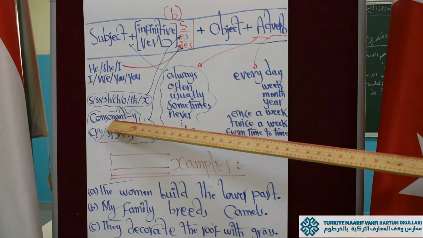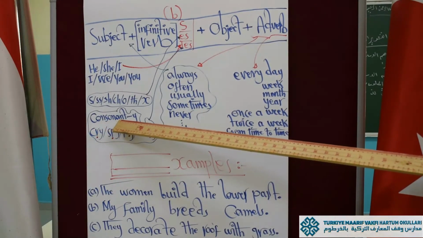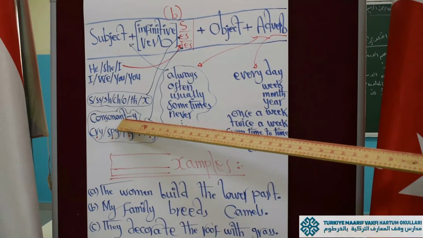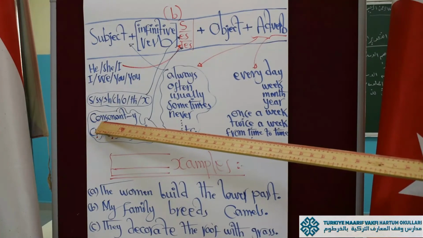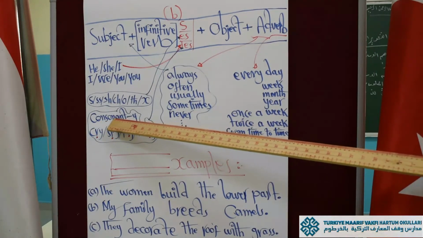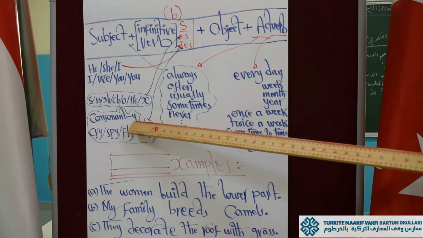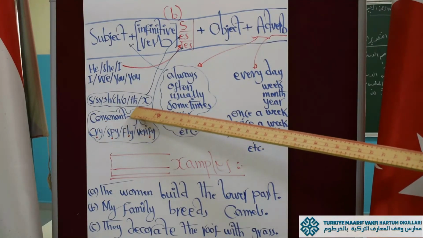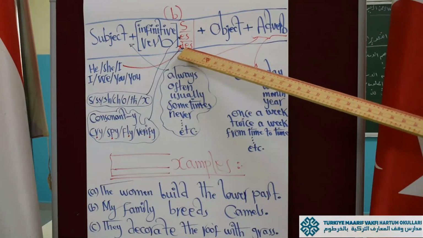I think everyone knows that the letters of the English language or alphabets are divided into vowel and consonant. So if that letter directly before y is a consonant, we can change this y to I and add es.